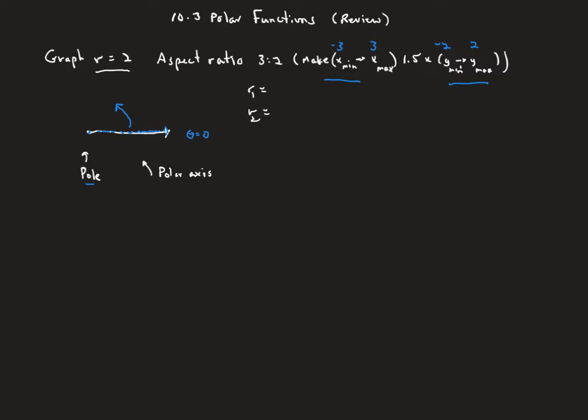So what you're seeing when you do this on your calculator is it's doing it very fast, but at angle 0, it's going to plot a point that has an r value of 2, that is a distance from the pole, or from the origin, of 2, and then it's going to work its way through different angles as it goes up to pi over 2, and all the way to pi, and down to 3 pi over 2, and so on.